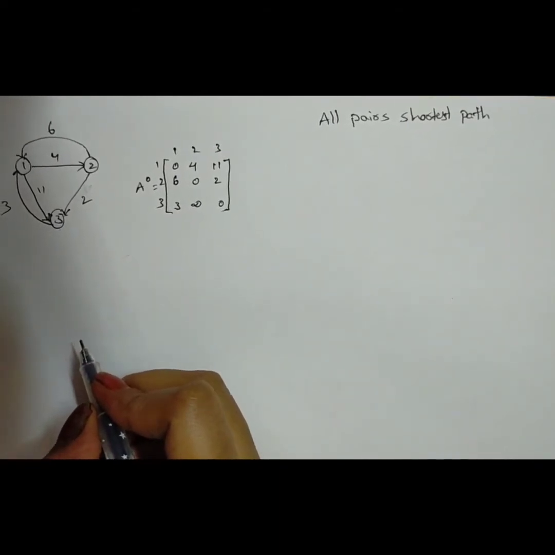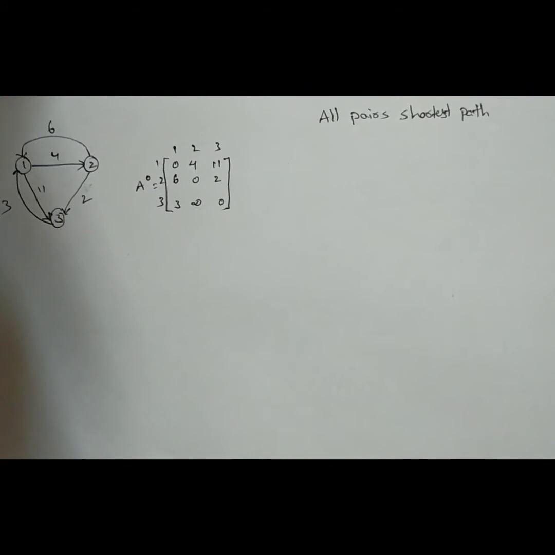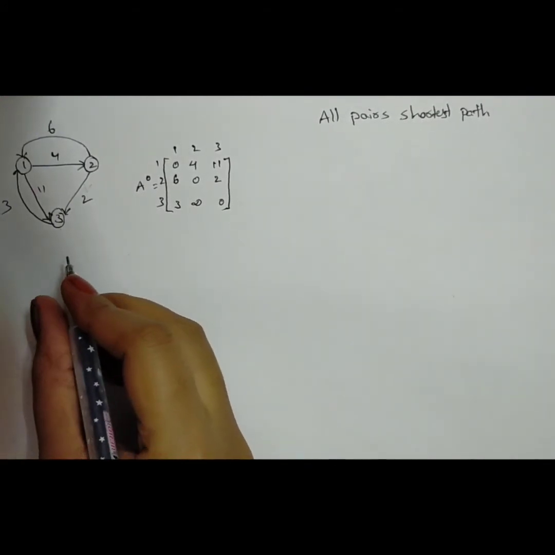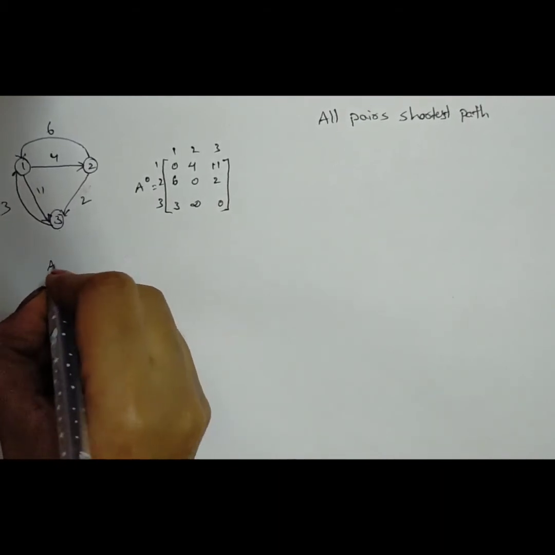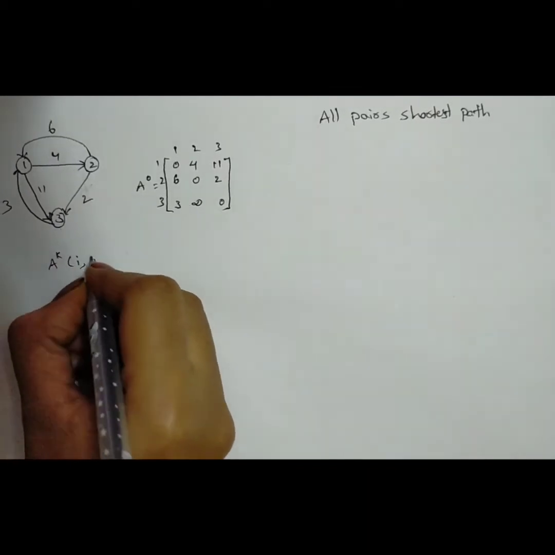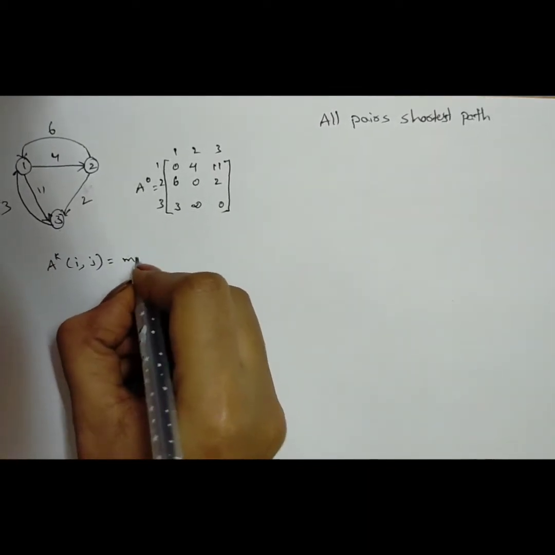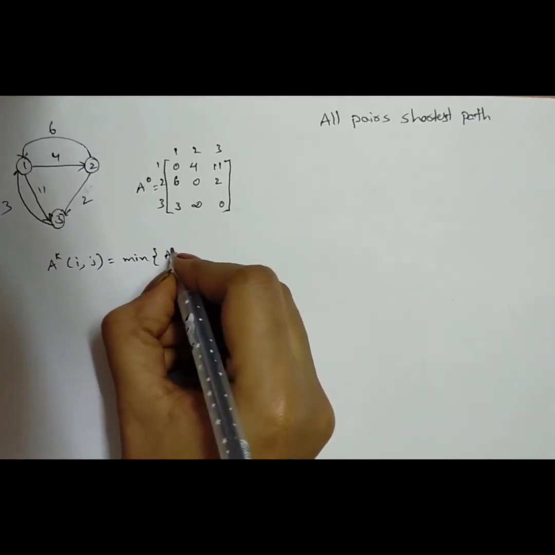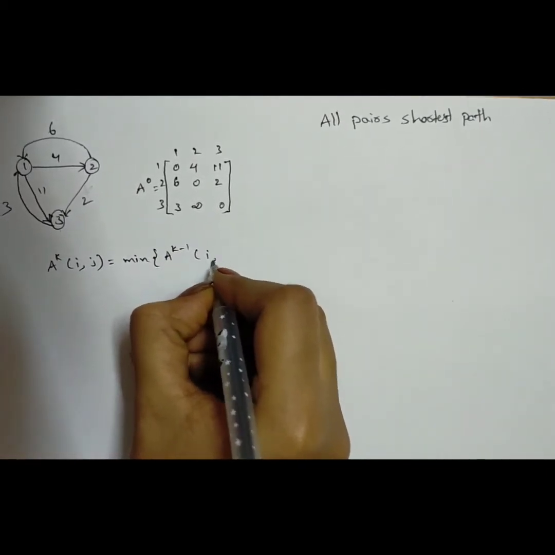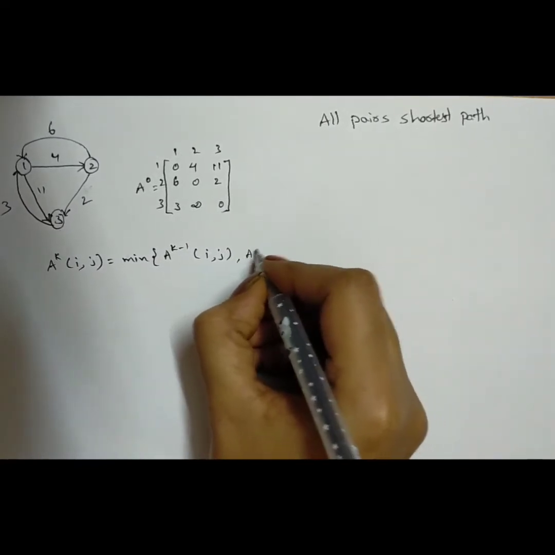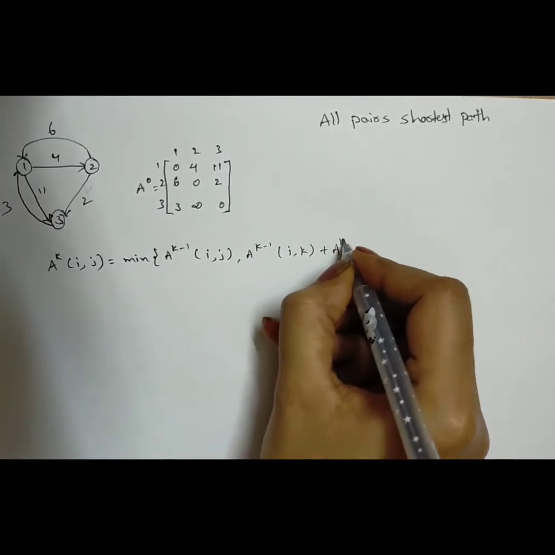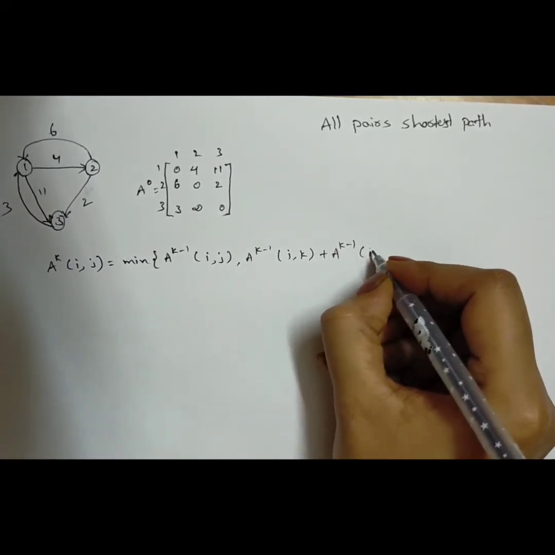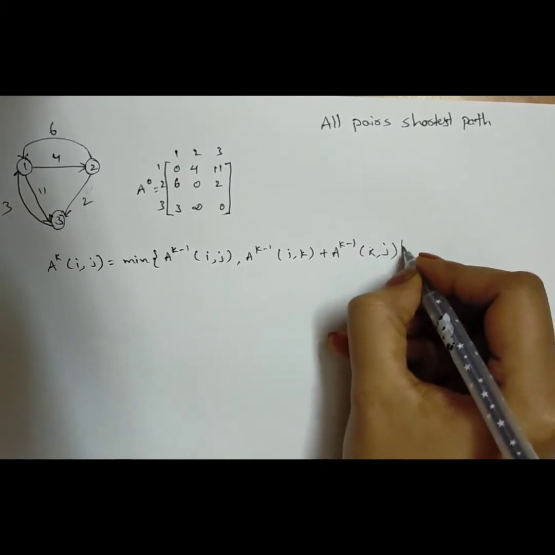The all pairs shortest path problem will be solved by using only a single formula. Now let us see the formula used for solving it. A of k i comma j equals minimum of A of k minus 1 i comma j, comma A of k minus 1 i comma k plus A of k minus 1 k comma j.